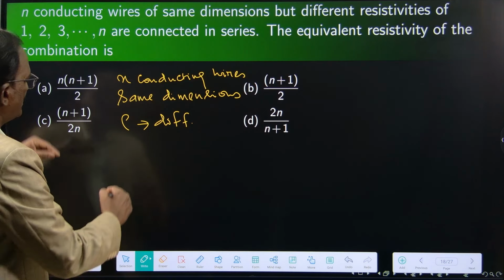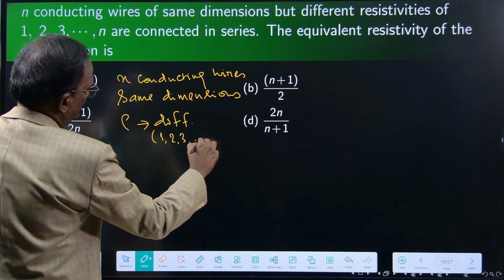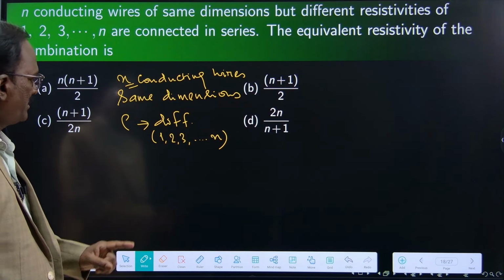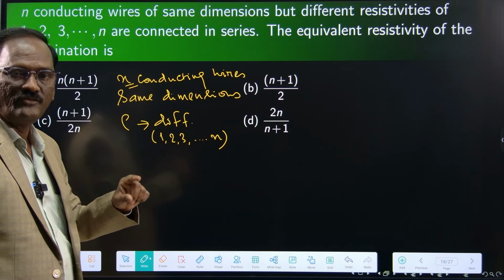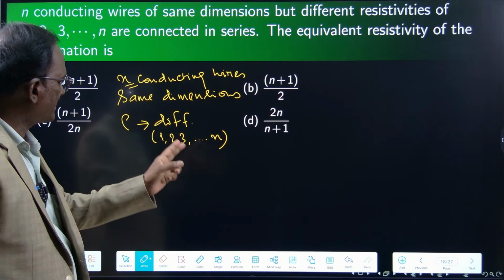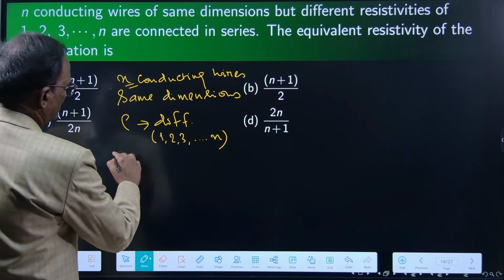Their values are given as rho values 1, 2, 3, up to N conducting wires. That means the rho value of the first conductor is 1, the rho value of the next conductor is 2, the rho value of the third conductor is 3, and this way. They are in series connection.